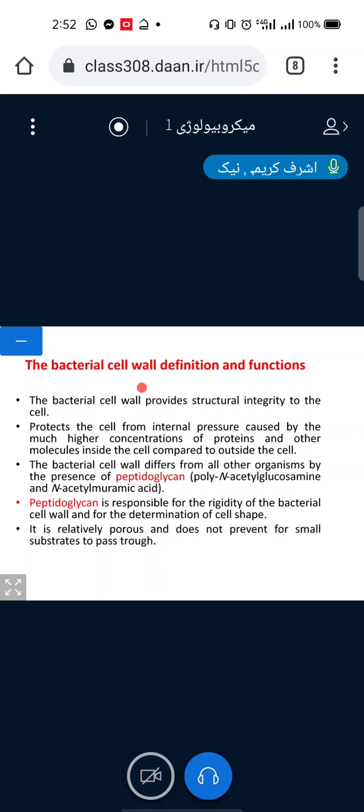Molds, fungi, yeast, protozoa, human cells, plant cells, and animal cells don't have peptidoglycan. Peptidoglycan is found just in bacteria, specific for bacteria. It is poly-N-acetylglucosamine and N-acetylmuramic acid.